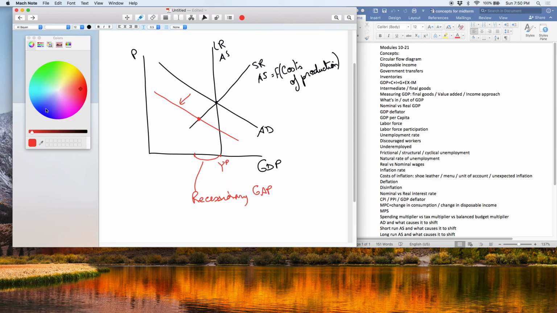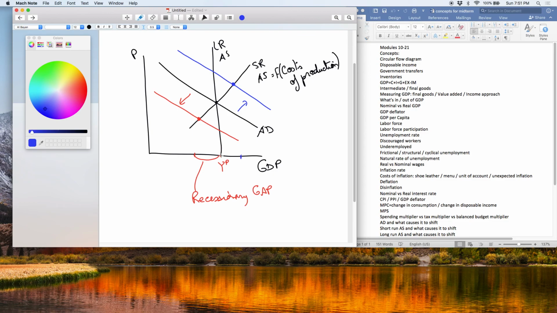Another possibility is that perhaps demand heats up, okay, and you find yourself beyond potential. How could you be producing beyond potential? Because potential GDP tells me what's your maximum amount that you could produce if all your workers are working 9 to 5.